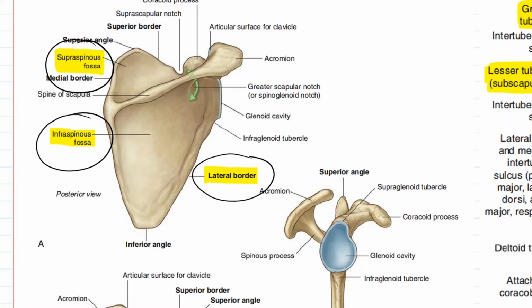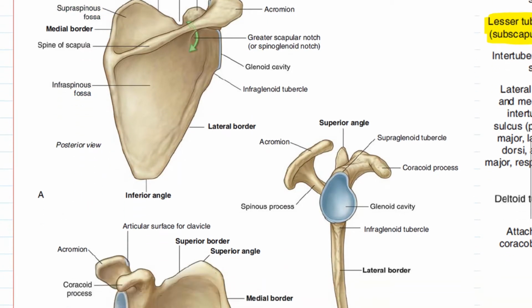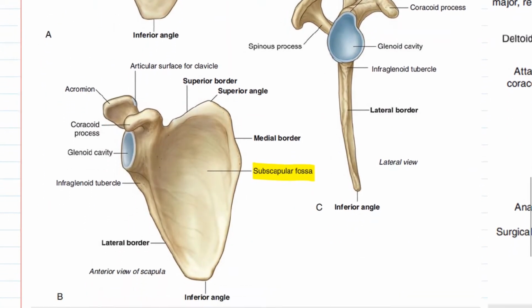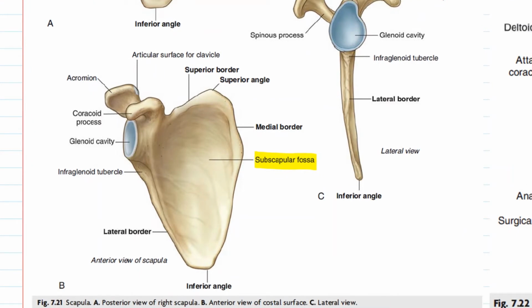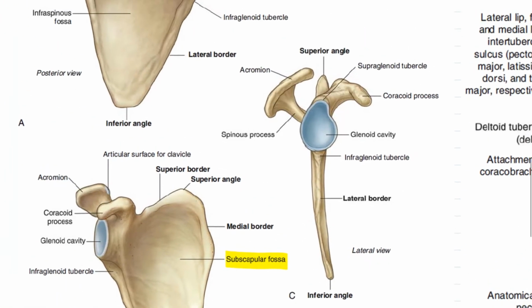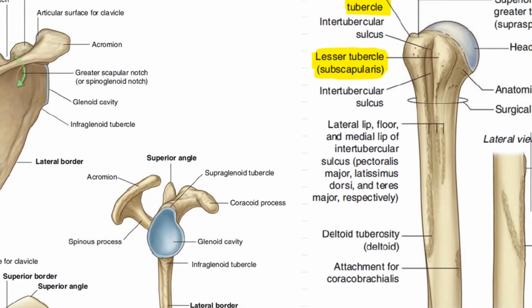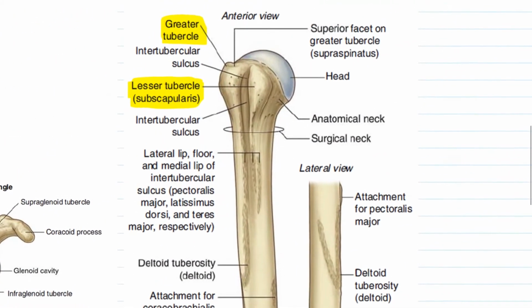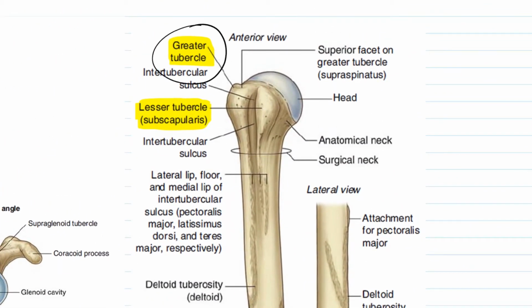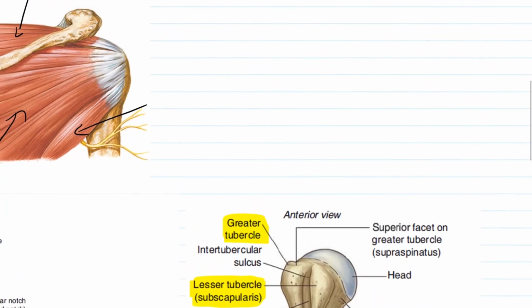Those are the main ones in this angle, which is the posterior view. But then we also have, in the anterior view, the subscapular fossa. That's an important thing not to forget. And in the humerus we have the greater tubercle and the lesser tubercle. Again, two portions of the humerus that we're going to be looking at.